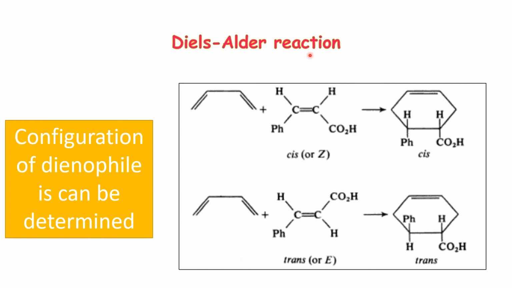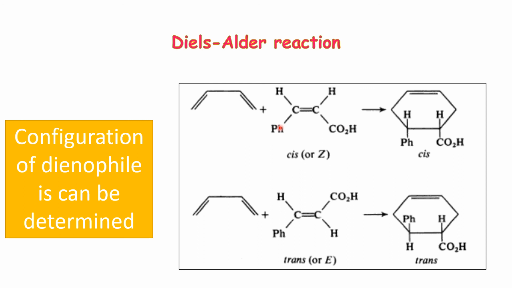Diels-Alder reaction, if you have already studied, is a cyclization reaction wherein a diene, meaning a compound containing two double bonds, reacts with a dienophile. So diene and dienophile combine to give this cyclic product.